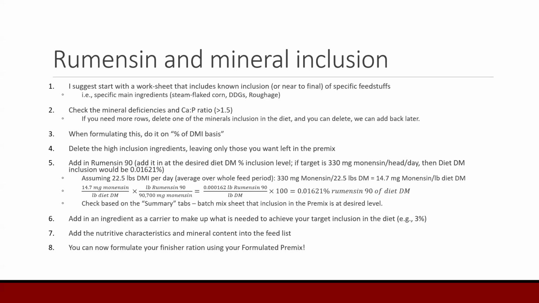So that means it has 90,700 milligrams per pound. So I'll need to add 0.000162 pounds of Rumensin 90 per pound of diet dry matter. Multiply that by 100. So Rumensin 90 would need to be added to that vitamin mineral premix at 0.01621%. Okay.